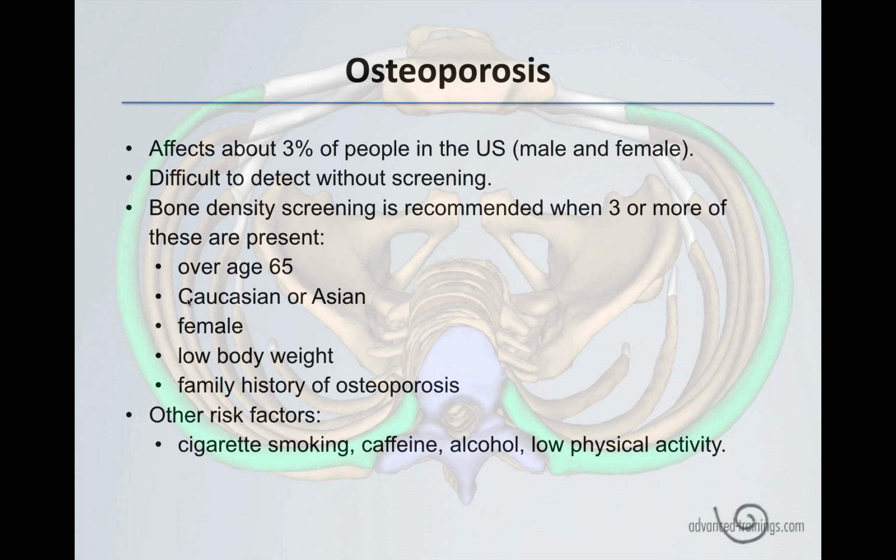If I'm not as young as I used to be, and I am Caucasian, I have 2 of those criteria still. Actually, if I was skinny, I would have 3, and that would probably be a good idea to have me screened before doing direct work on the rib cage.